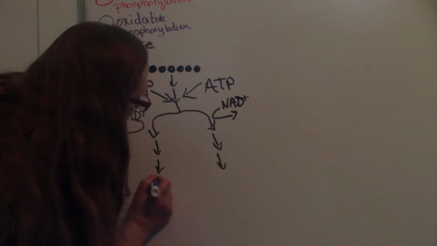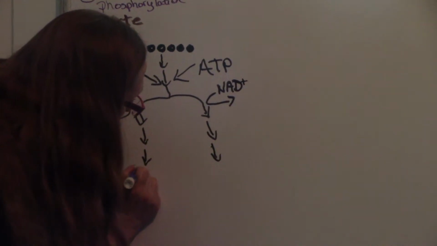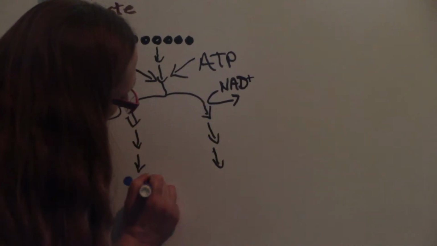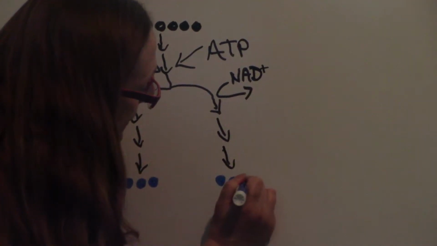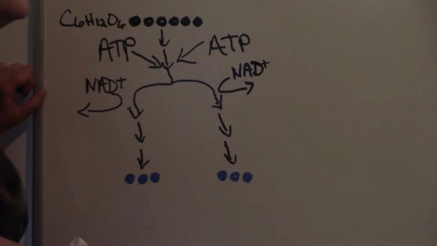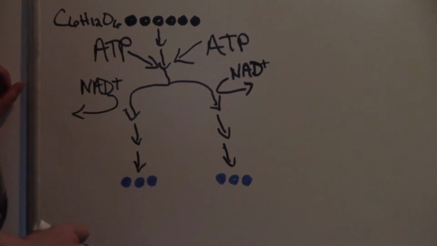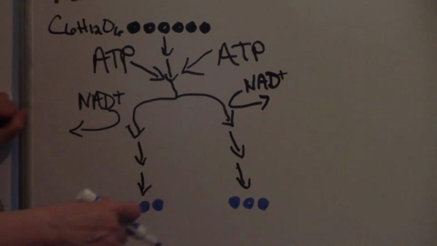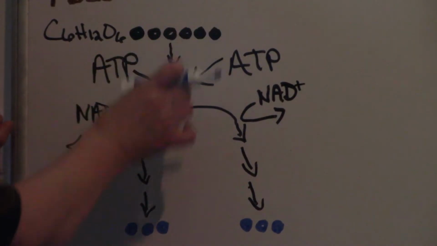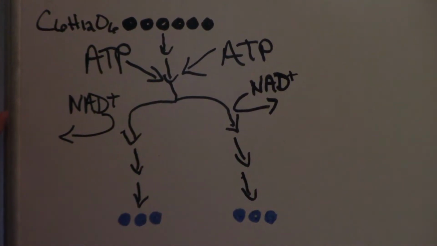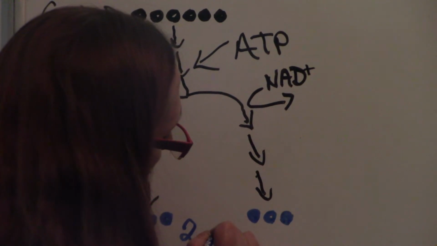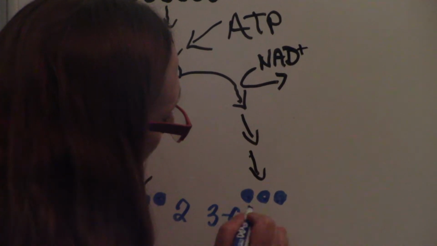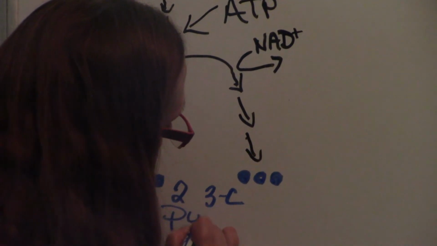Then at the end, if these circles represent our carbons, they're all still there. We had 6 here, we have 6 here, they're just in 2 packages. So basically we have 2 3-carbon pyruvates.